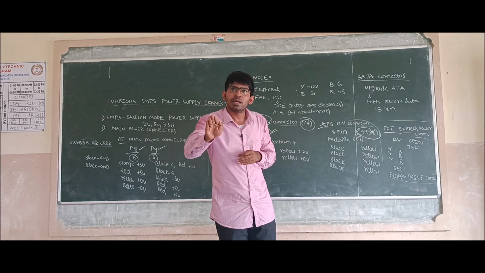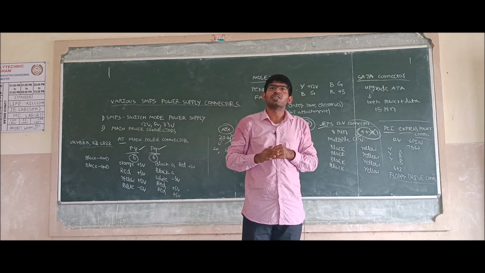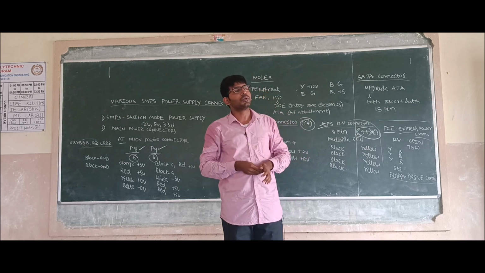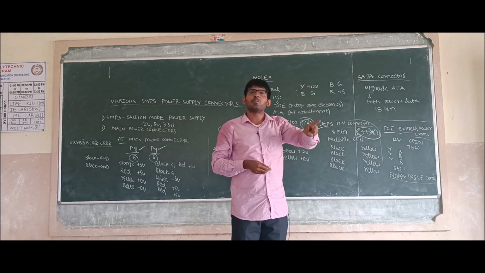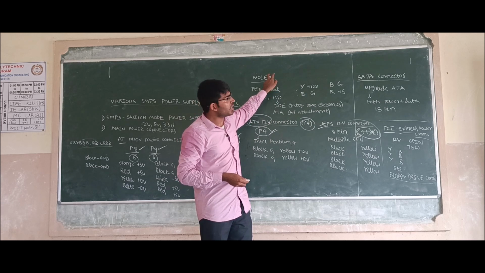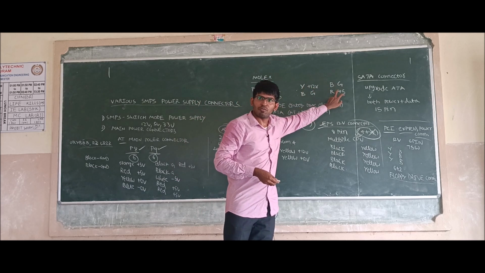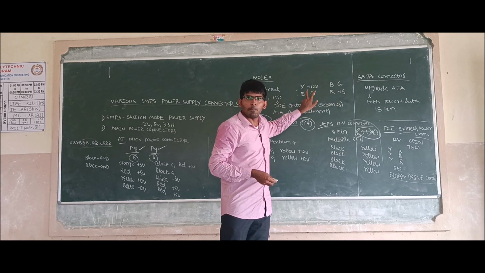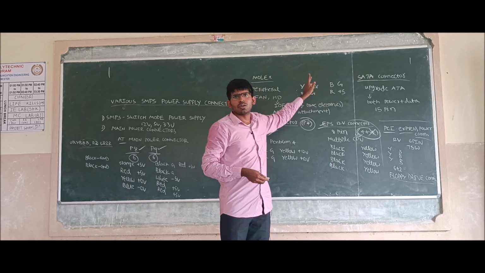So I want the CPU to operate always, so I am giving a special fan to the CPU. To give power to that fan, we require a Molex connector. So here we have 12 volts, 5 volts: yellow, black and red.